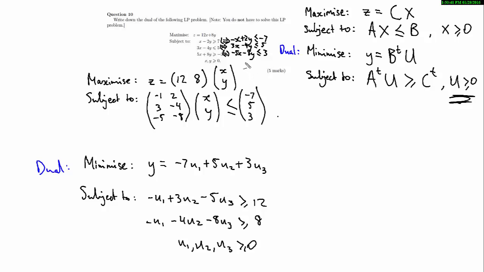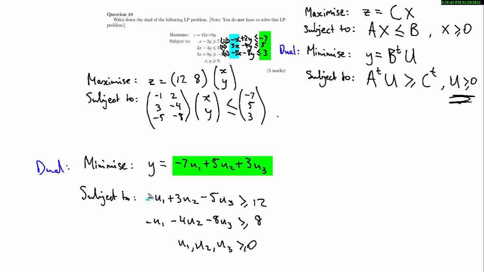Then we can give ourselves the dual by firstly writing the objective function, using this column here as the coefficients in front of U1, U2 and U3. And similarly, for the first constraint, the coefficients are simply the coefficients in front of our x's here.